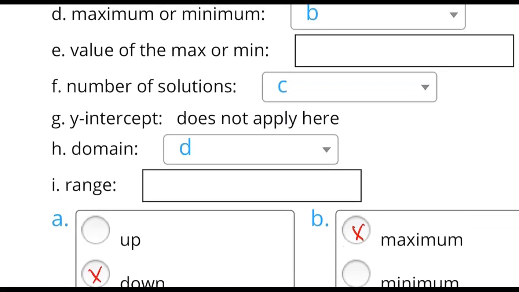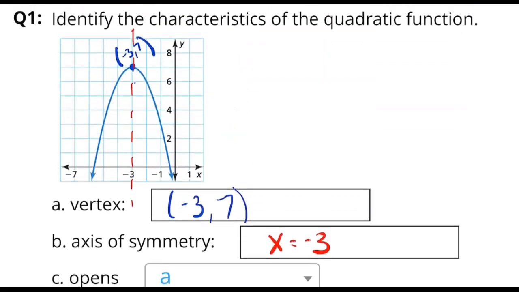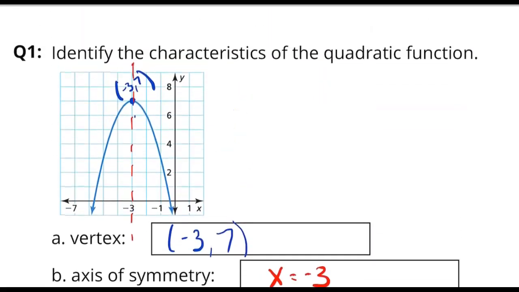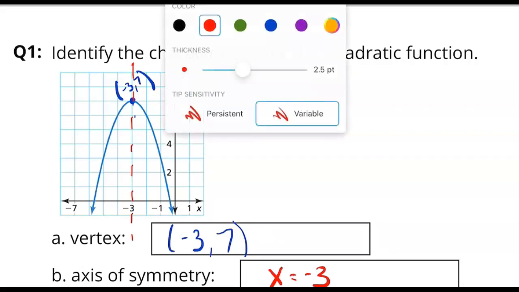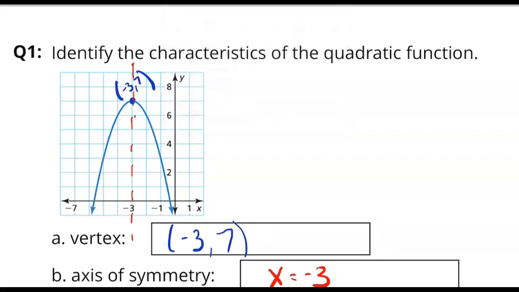And then it says the value of the max or the min. So the value of how high or how low this parabola goes. So think about that. How high or how low? How high, the top, the very tip top, is right up here. This is as high as it goes.